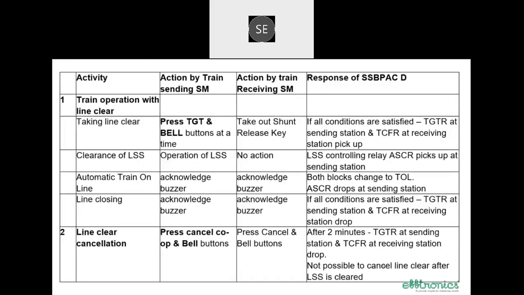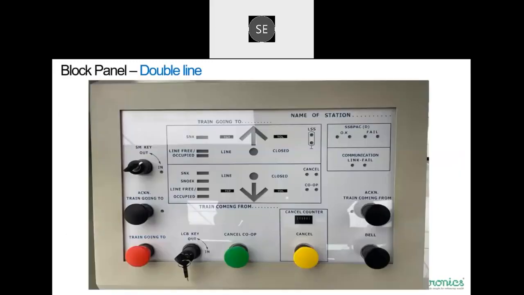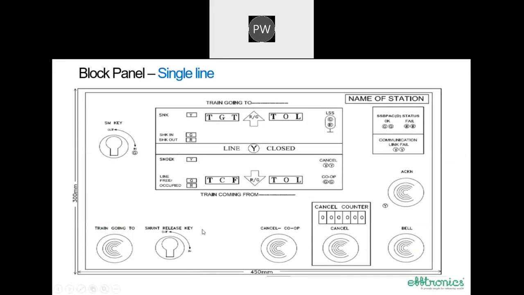So in the first case, the take out shunt release key, why is it given? Yeah, the shunt release key, this one, sir, I will show you. Yeah, this is the shunt release key. This has to be out.